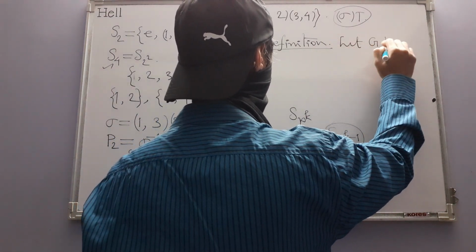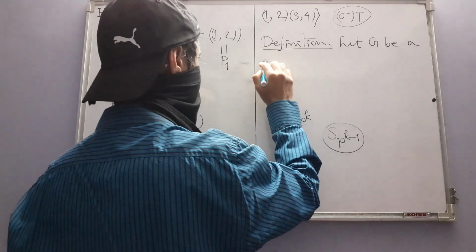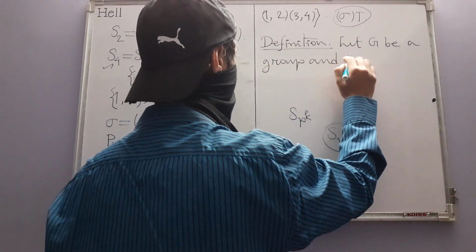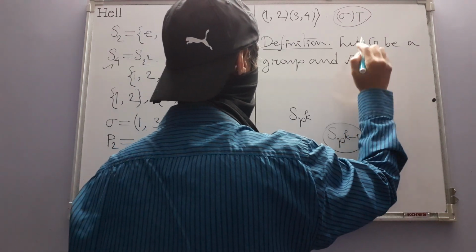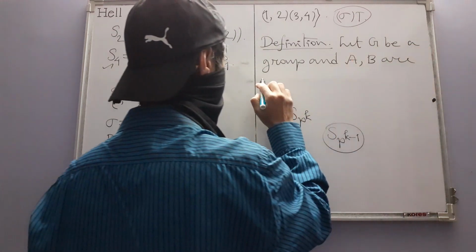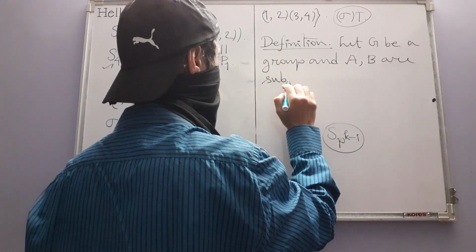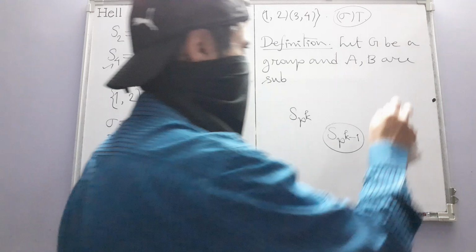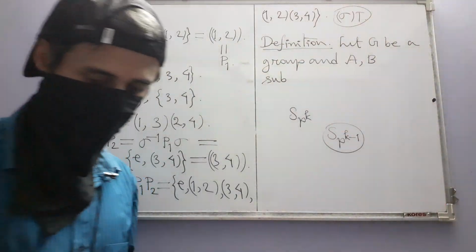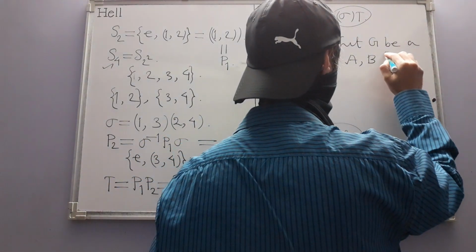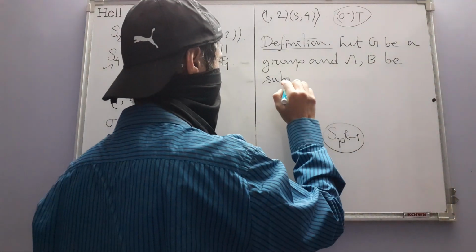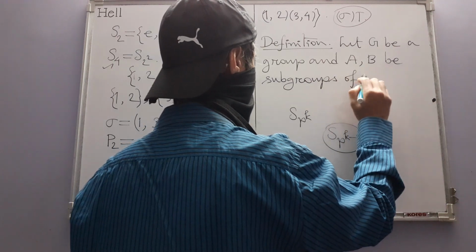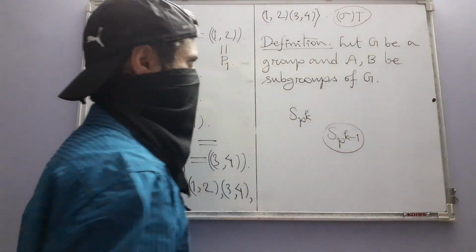Let G be a group and A and B be subgroups of G.